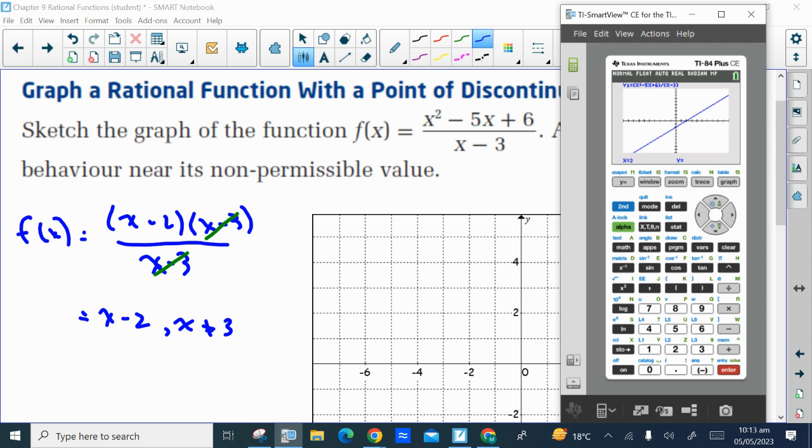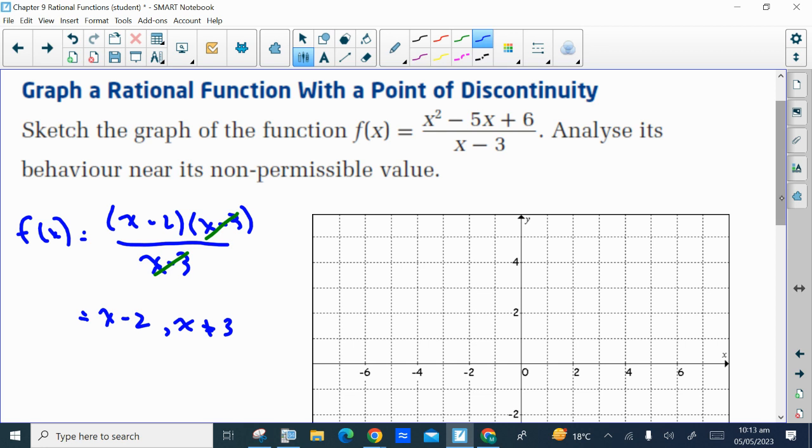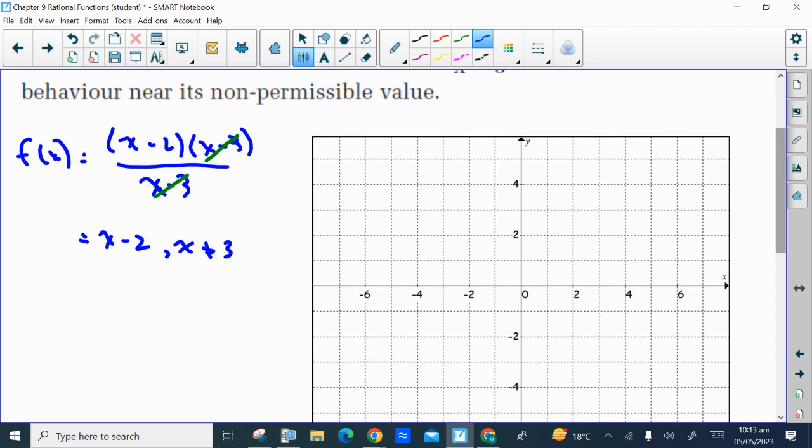We saw on the previous page that a point of discontinuity occurs when you have a rational expression and you can cancel a factor on the top and the bottom that contains a variable. That's where you get a point of discontinuity from. So again, the calculator won't tell us what the y value is, but we can get that y value from the simplified equation, right?